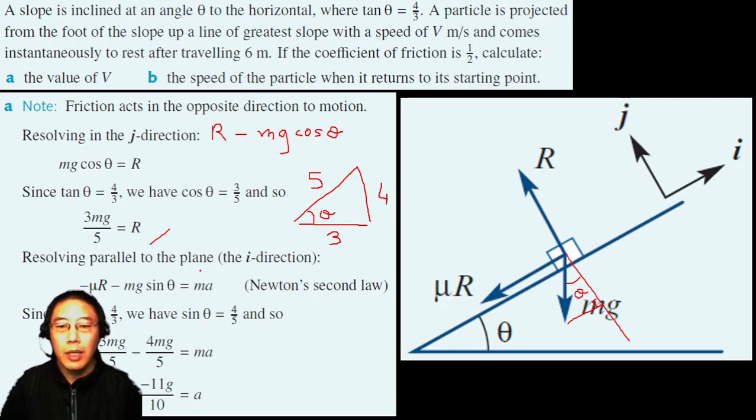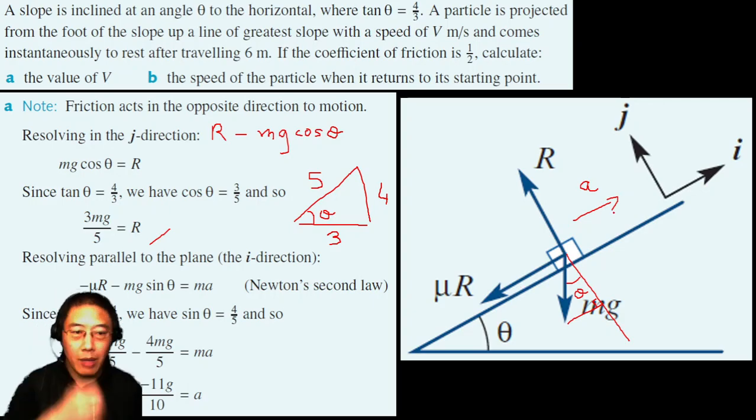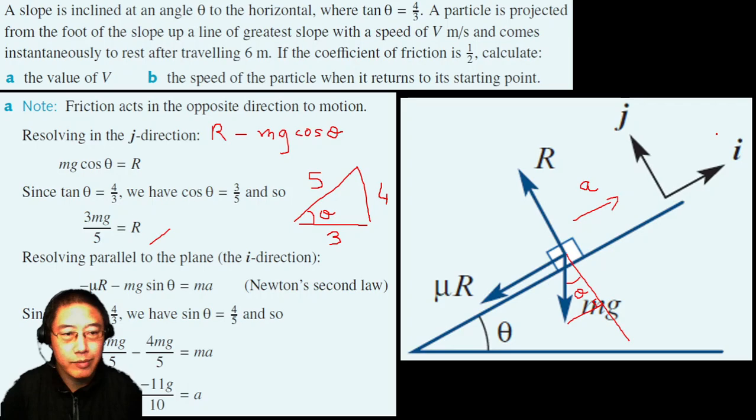All right, now we resolve in the i direction. So we have our friction force, we have minus mg sine of theta. Again, it's in the opposite direction of i. Sine of theta is because it's the opposite, equals ma, because we assume a as a vector. We don't know its amount. We assume it's going in the i direction, because i is the positive direction.